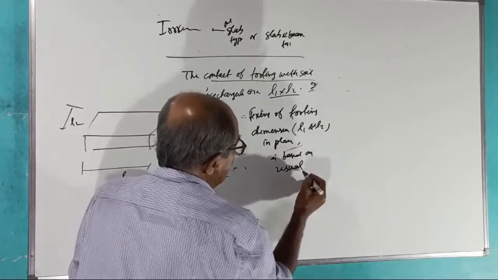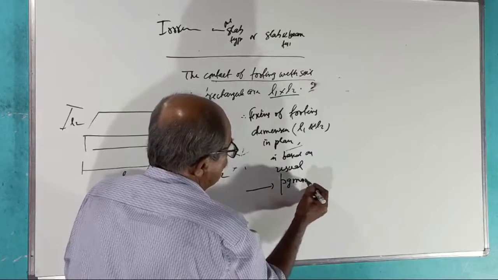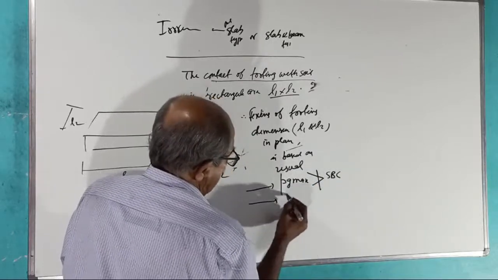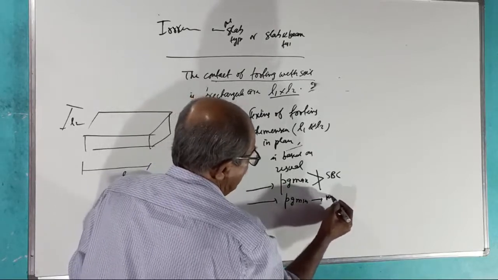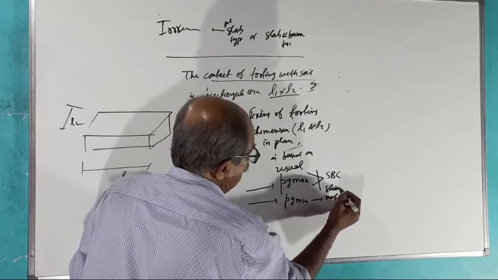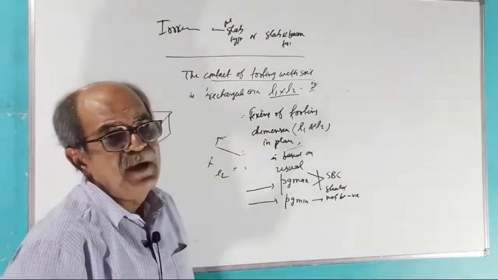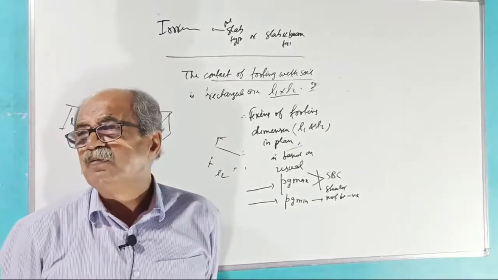What is usual? Tell me. Usual means PG maximum should not exceed SBC of soil, and I told you PG minimum should not be negative. Sorry, further I am not telling. Clear? PG minimum should not be negative.